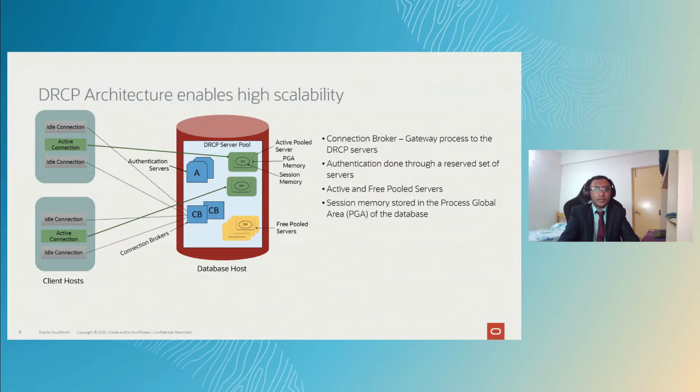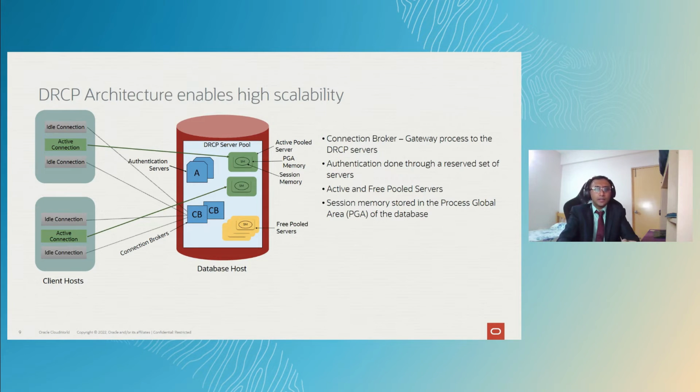Once the database activities are completed, the active server is returned back to the free pool, and the client or the application will establish a link back to the connection broker. This link will remain open until the client process stops running or another client request comes in.